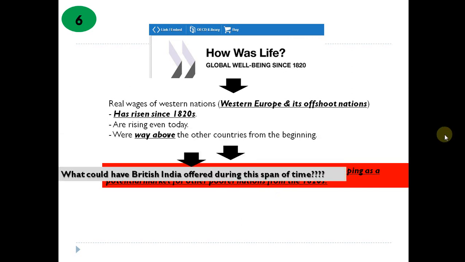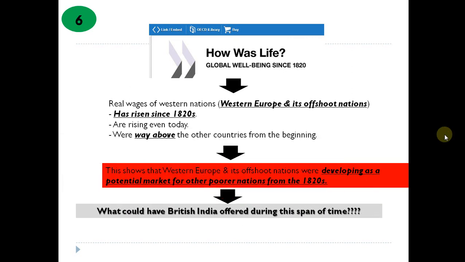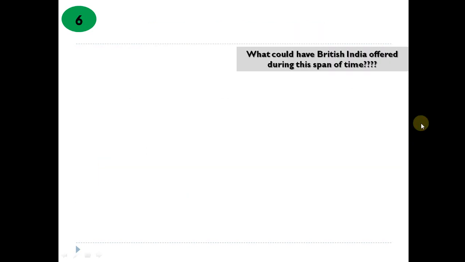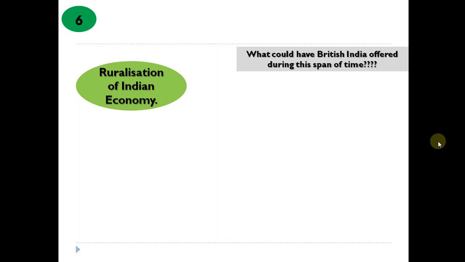What would a poor nation like British India do? Did British India have anything to offer at this point of time? Okay. So at this span of time, what was going on in India? As we have already studied, ruralization of Indian economy.